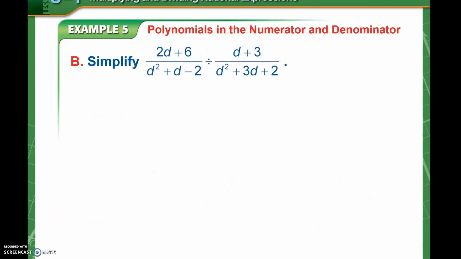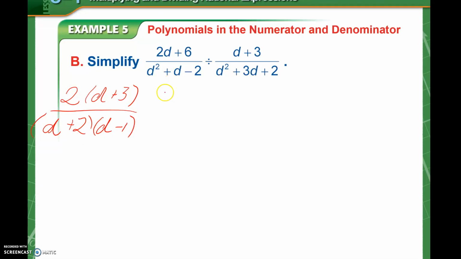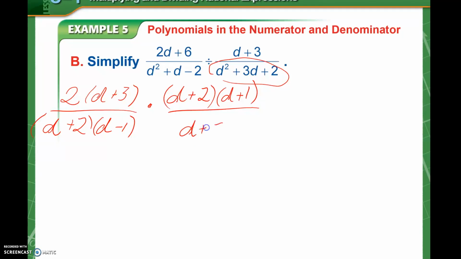Division is the same as we did. We'll factor everything out, and then we will multiply by the reciprocal of this. So d plus 2, d minus 1 is this factored. This one we're multiplying by the reciprocal, so we're going to put this one on top. So d plus 2, d plus 1 over d plus 3.